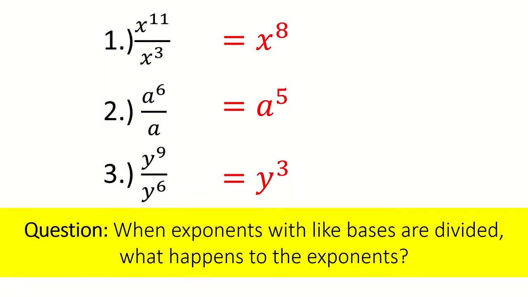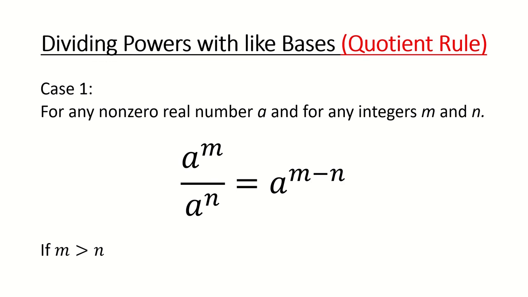For those who got it already, my question is, when exponents with like bases are divided, what happens to the exponents? Yes, that will lead us to the quotient rule under case 1. For any non-zero real number a and for any integers m and n, we have here a to the power of m over a to the power of n.